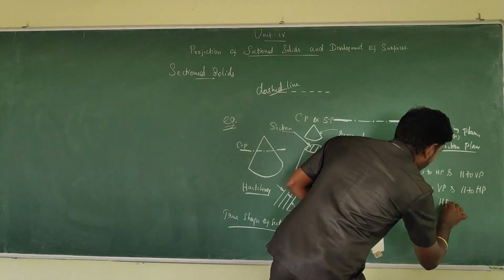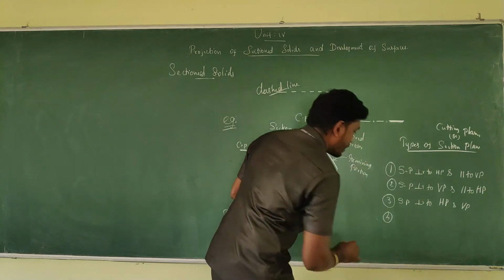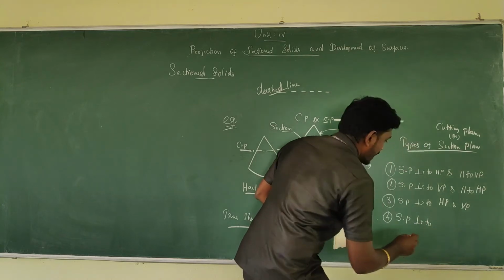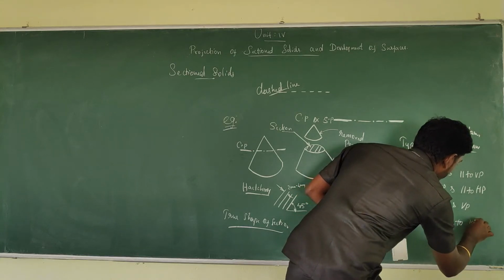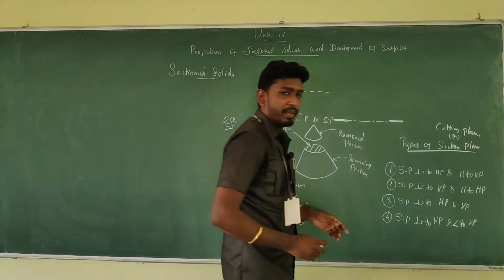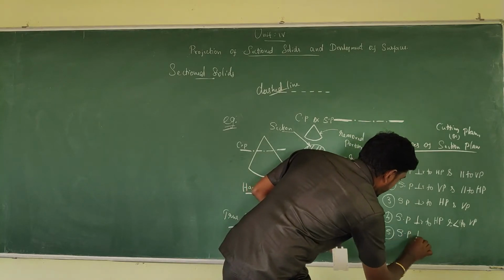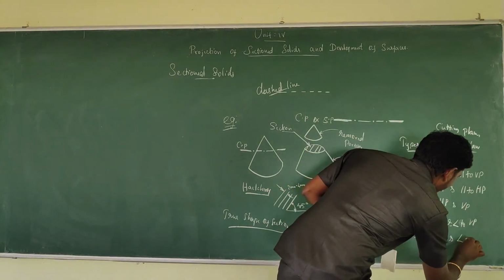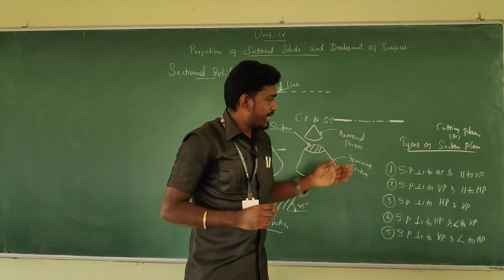The fourth one, section plane perpendicular to HP and inclined to VP. And the fifth one, the last one, section plane perpendicular to VP and inclined to HP. These are the 5 cutting plane types.